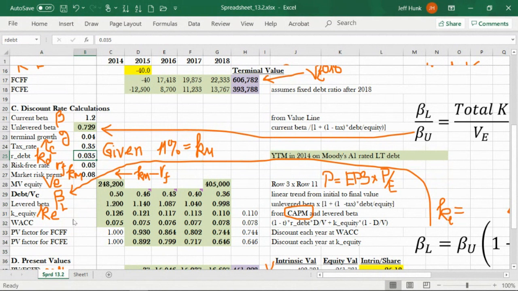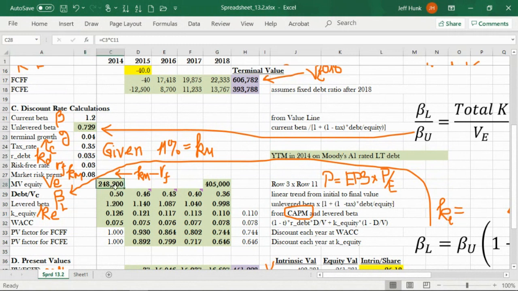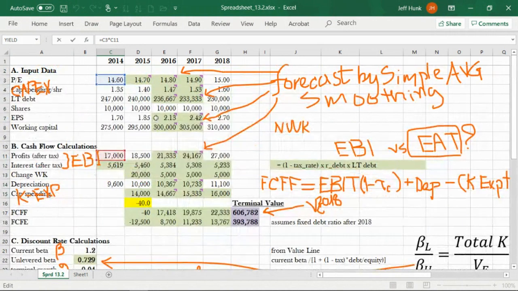Before we go to unlevered beta, let's take a look at how they got the market value of equity. I told you, it's not genius to do this, but it's very clever. If you look into that, it's C3 times C11. C3 is the price earnings ratio. C11 is the profit EAT, profit after tax, net profit.